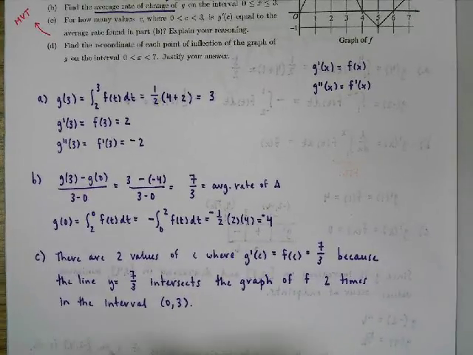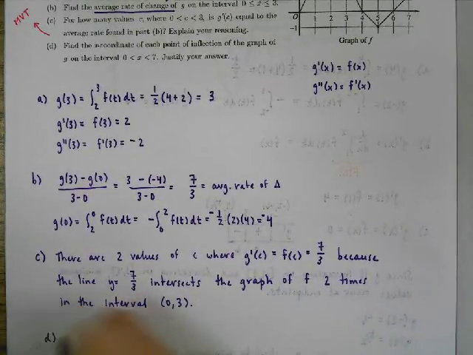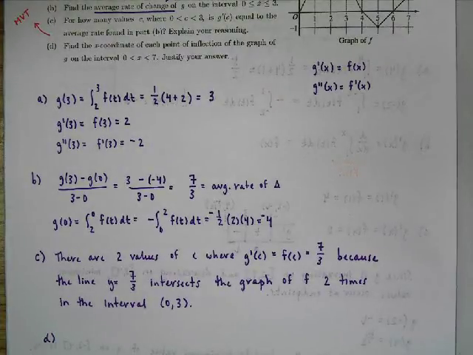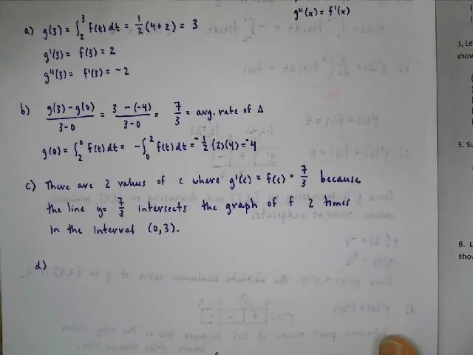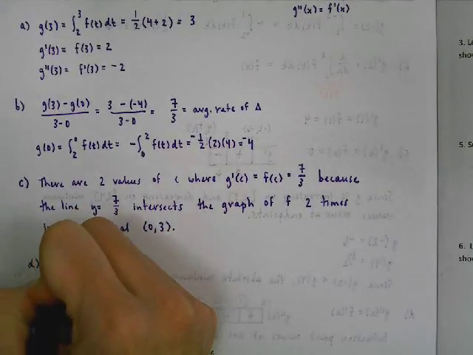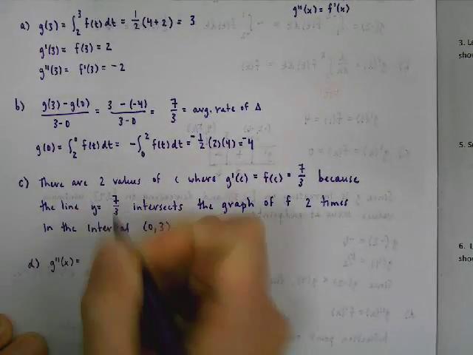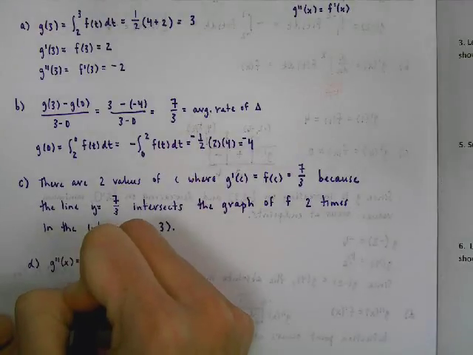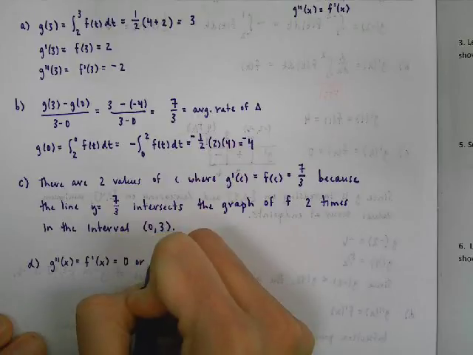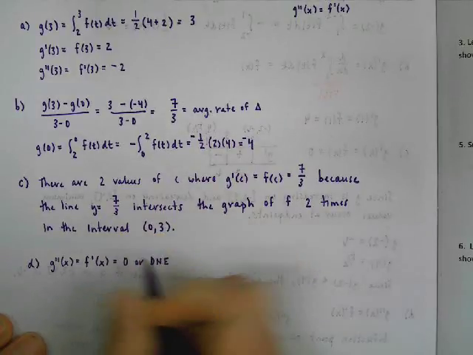Okay, now the last part is asking about points of inflection. So they want to know the x-coordinate of each point of inflection of the graph of G on the interval from 0 to 7, and we need to justify our answer. So again, I know for points of inflection, I'm looking for where G double prime of x, which is equal to f prime of x, is equal to 0 or does not exist.